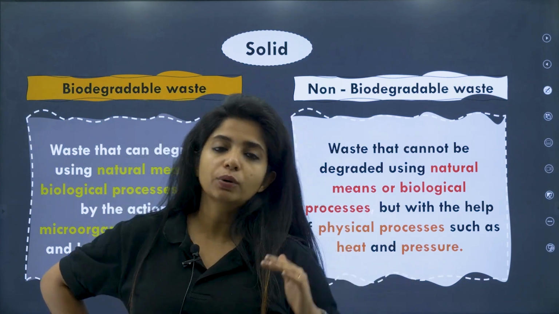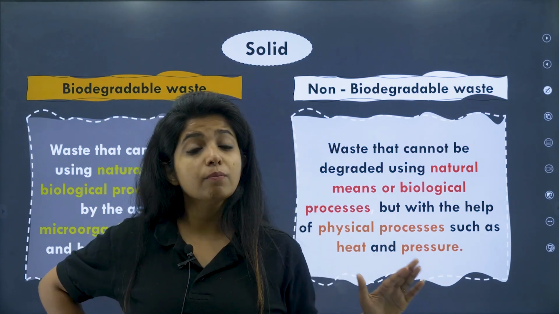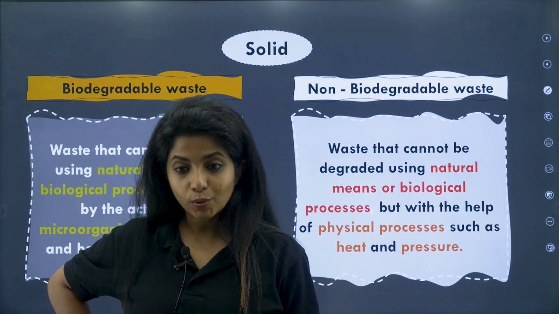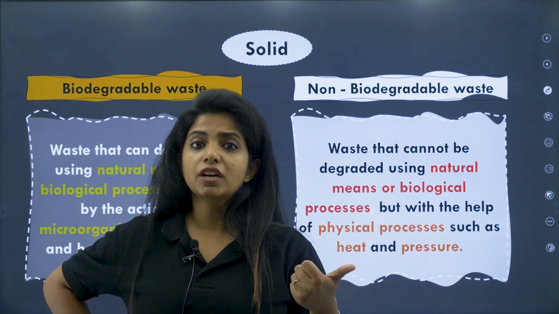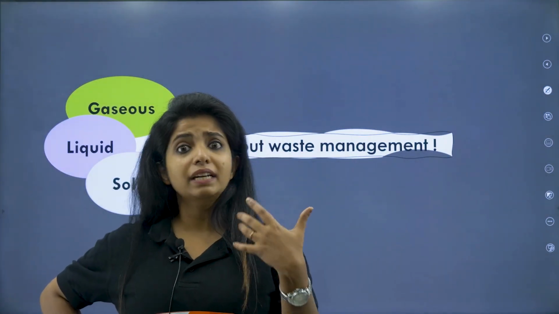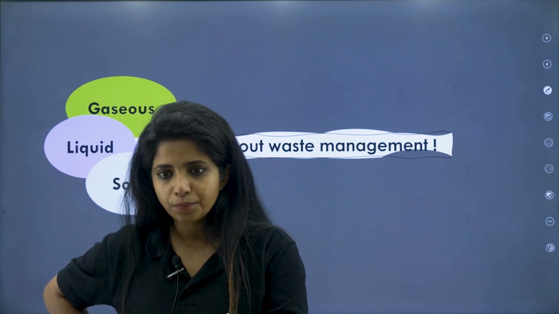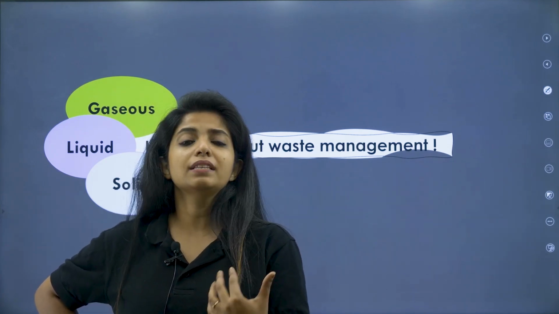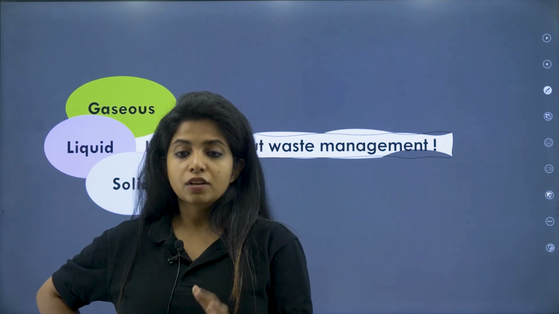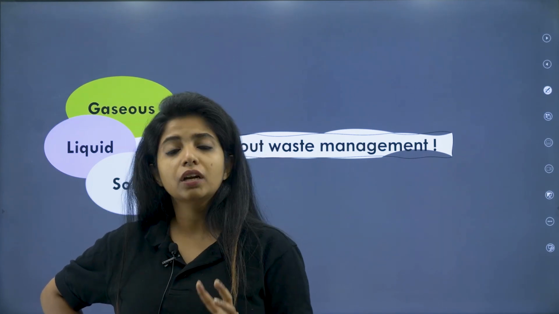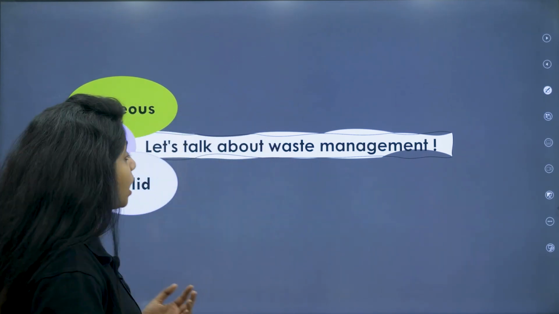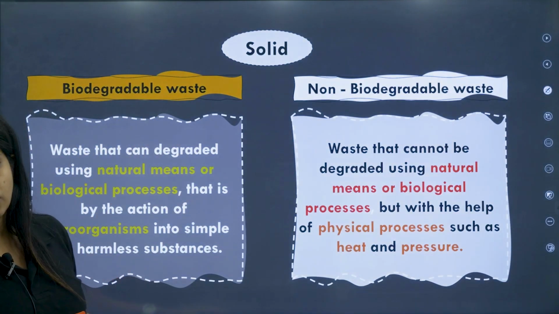Whereas non-biodegradable waste cannot be broken down naturally. They might need some energy, for example chemical energy or heat for breaking things down. For example, plastic: I have to heat it, otherwise it cannot be broken down, or I have to use chemicals. So things which cannot be broken down naturally are non-biodegradable, and the ones that can be broken down naturally are biodegradable.